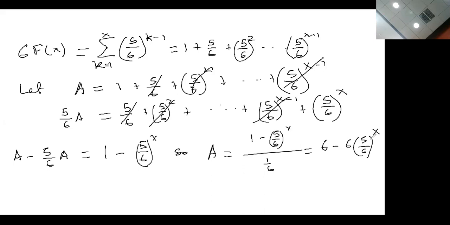So now let's recall what A was. Do you see A here? A is 6 f of x. This is that 6 f of x here. So this is 6 capital F of x. So what do you think is f of x?